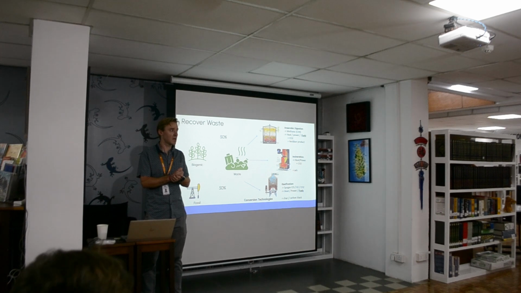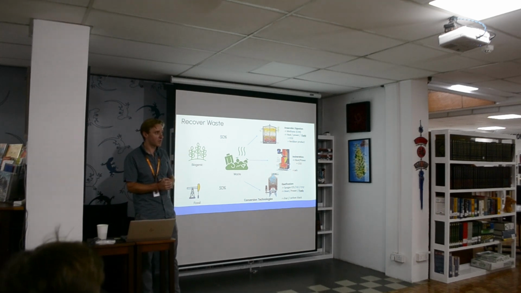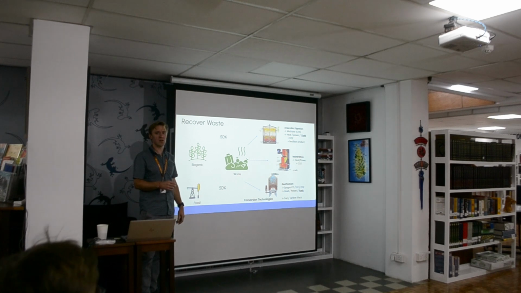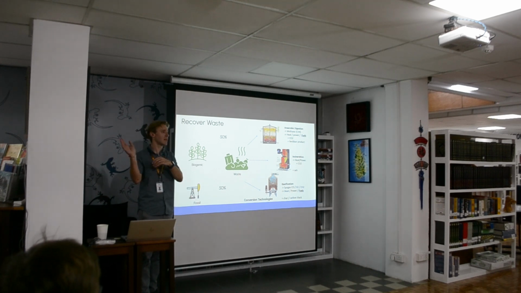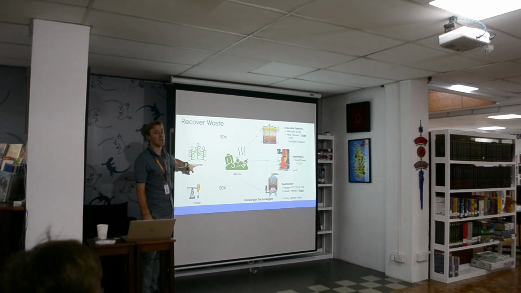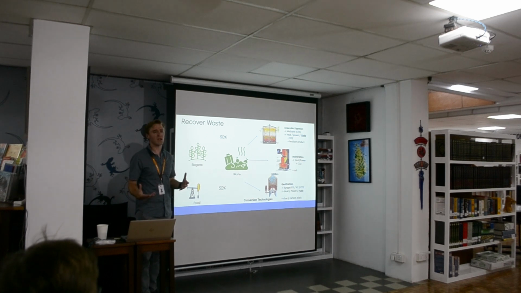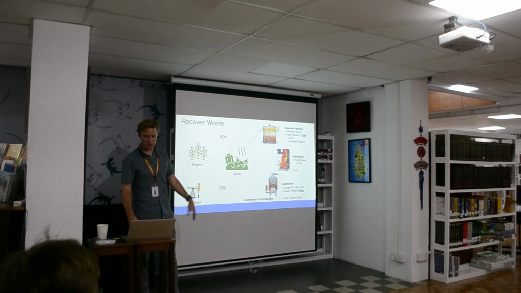Yes. 50%. Exactly, which is why I came up with 50%. That's the statistic in Europe at least. After it's been recycled, your black bin bag waste that would otherwise go to the landfill is actually 50% biogenic, which means it's your plant matter, your food matter. And the other 50% is unrecyclable plastics, which is fossil based.